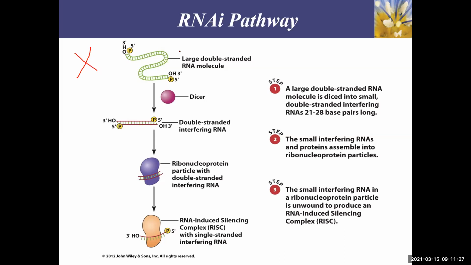Let's say I have a large double-stranded RNA molecule present in my cell that belongs to me. This is not the target mRNA which I want to kill. This is how we produce the microRNA and the siRNA. Initially we might have a double-stranded RNA, especially in the case of the siRNA.